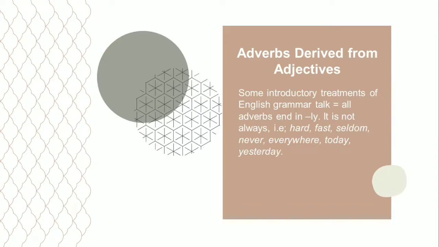Adverbs derived from adjectives: some introductory treatments of English grammar say all adverbs end in -ly. It is not always so, for example, hard, fast, seldom, never, everywhere, today, yesterday.